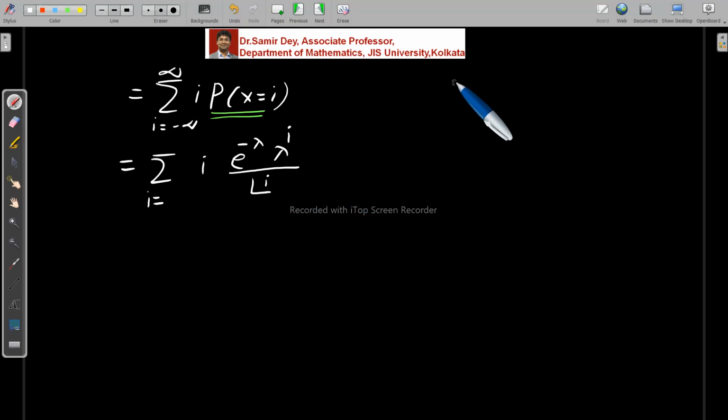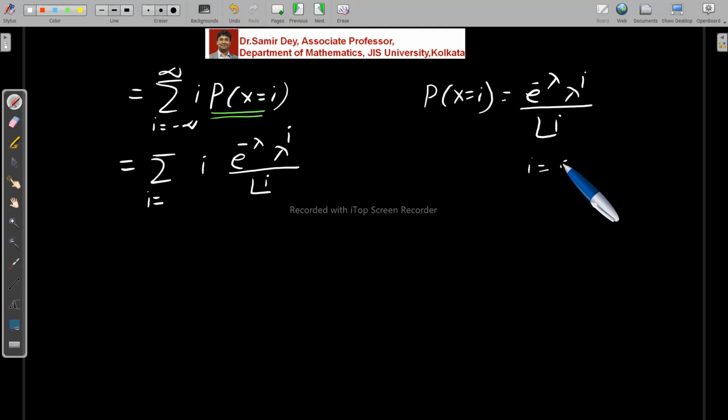Now you can see when you are replacing P(X = i), it is e to the power minus lambda, lambda to the power i by factorial i, where i varies 0, 1, 2 up to infinity. So when you are replacing PMF as per your Poisson distribution, the range will be 0 to infinity.